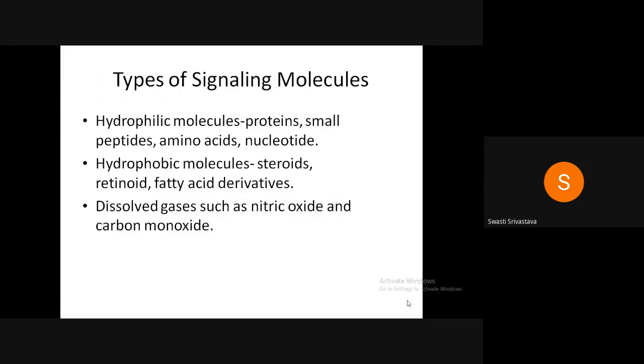The hydrophilic molecules may include proteins, small peptides, amino acids, or nucleotides. The hydrophobic molecules may include steroids, retinoids, or fatty acid derivatives. The gaseous components may include dissolved gases like nitric oxide and carbon monoxide.